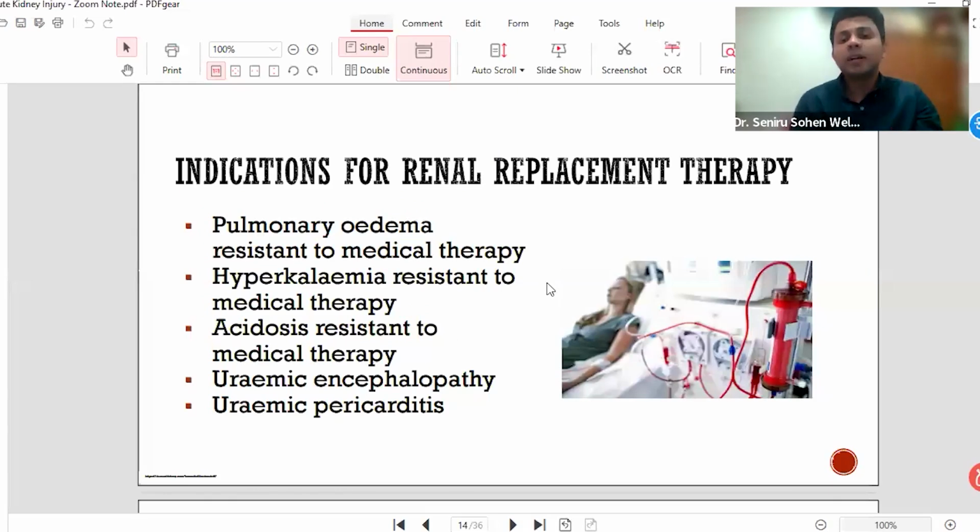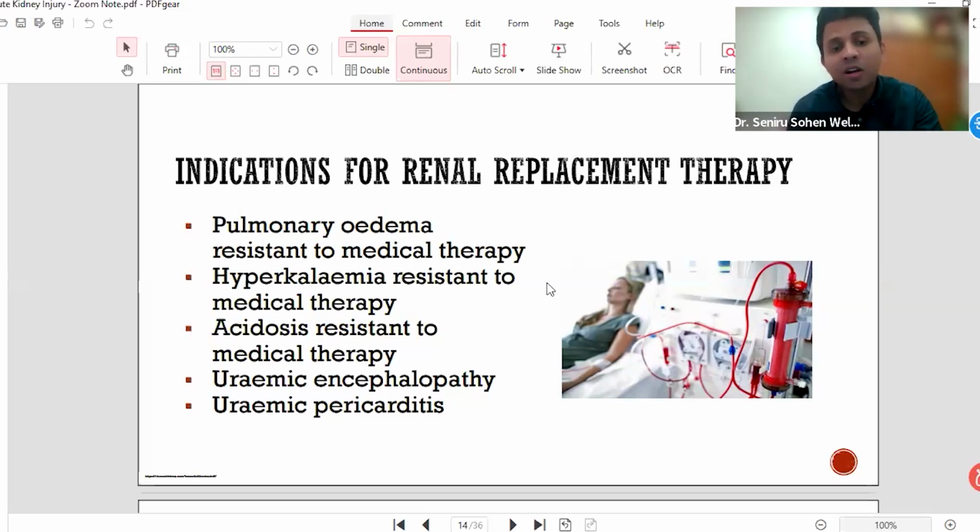Right. So, what are the indications for renal replacement therapy? These are the emergency criteria that you'll be looking at when managing patients with AKI. Emergently, they would need renal replacement therapy if at least one of these things is fulfilled.